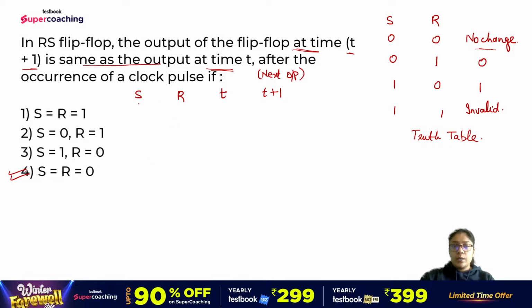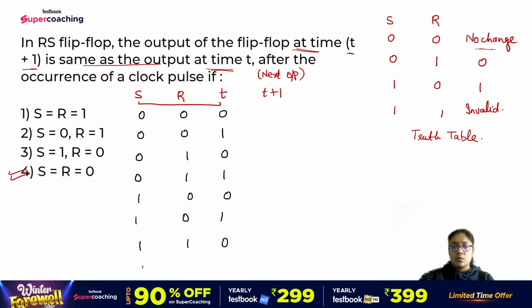So with 3 inputs, we know that 8 combinations are possible. So let's take all the 8 combinations: 0 0 0, 0 0 1, 0 1 0, 0 1 1, 1 0 0, 1 0 1, 1 1 0, 1 1 1.